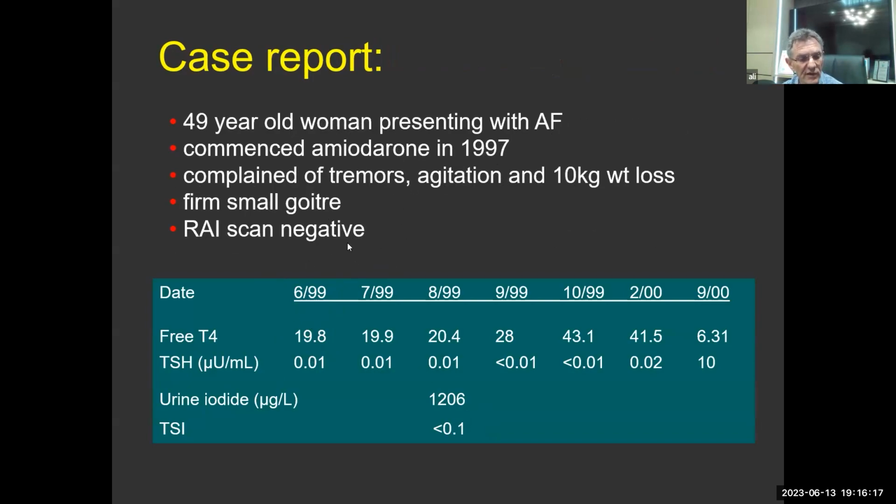So she's been loaded with amiodarone all the time, and initially her only symptoms are tremors and agitation, and she's found to have a suppressed TSH but a normal FT4, until eventually the amiodarone causes more damage and the T4 starts going up. And one way, as I said, to make the diagnosis, you can measure the urinary iodine, and again, you do a nuclear medicine scan and you see it's a negative scan.